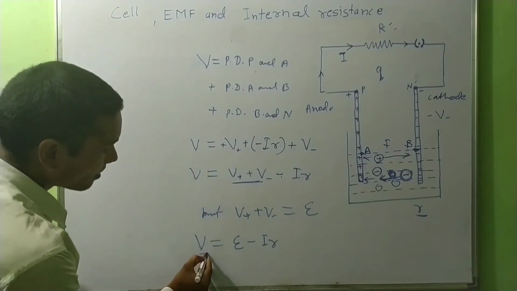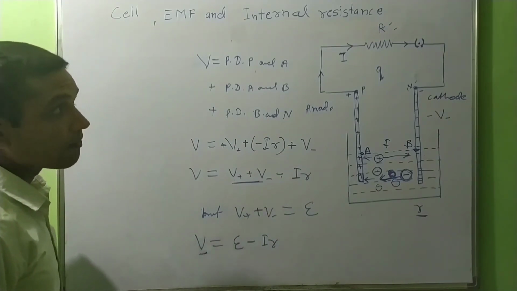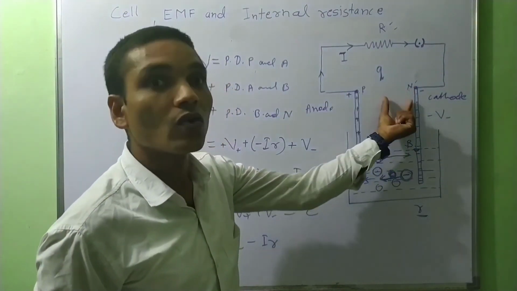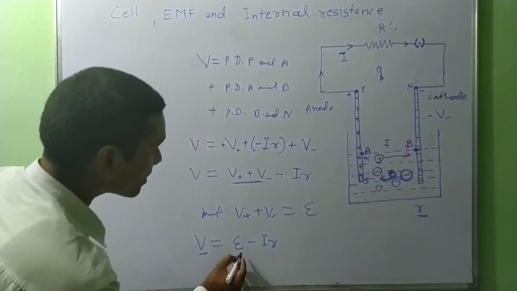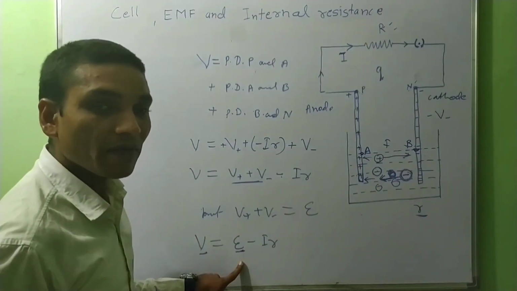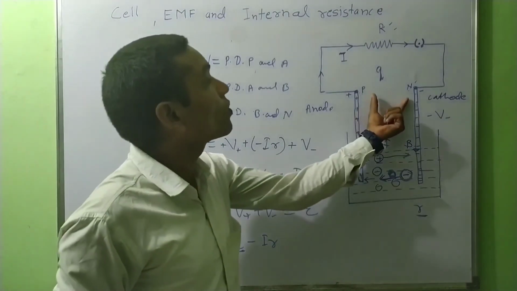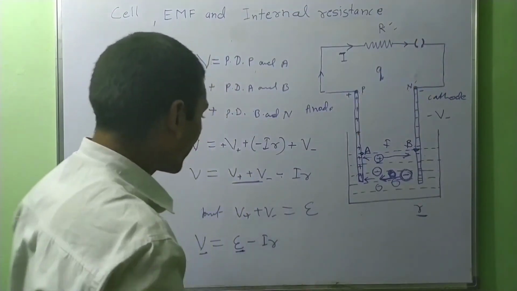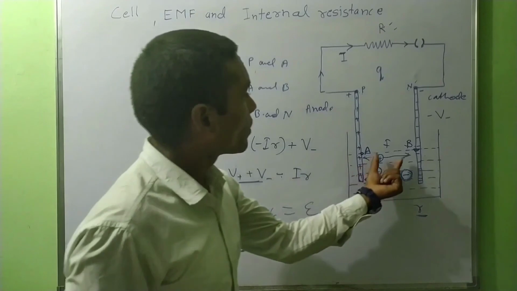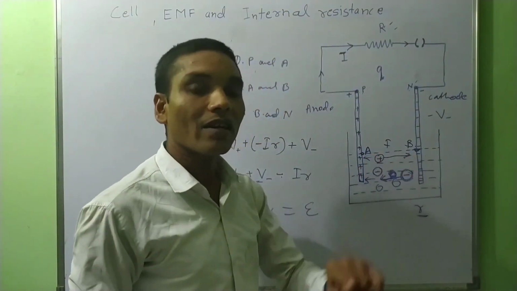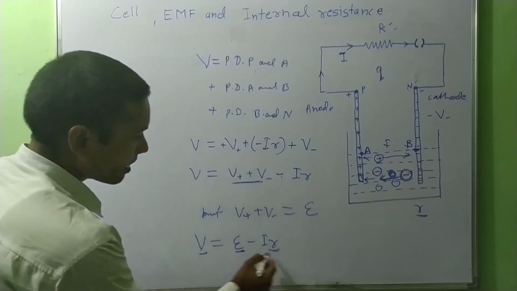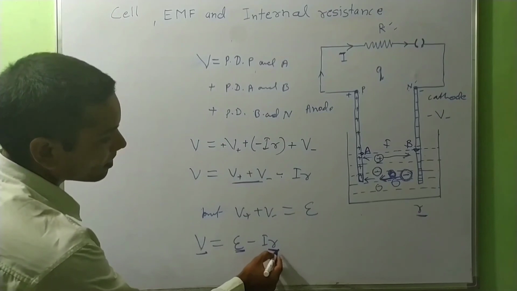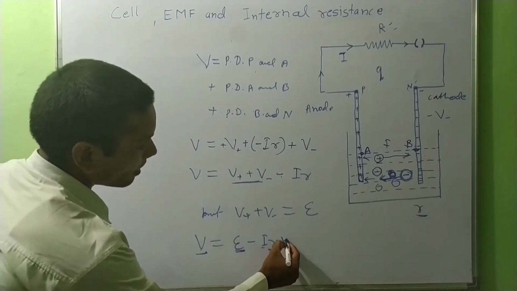This is the terminal potential when the circuit is closed, the potential difference between the two electrodes of the cell in this condition. This epsilon is the electromotive force, EMF, the potential difference between the two electrodes when the circuit is opened. And this I r is the potential difference between two points inside the electrolyte.